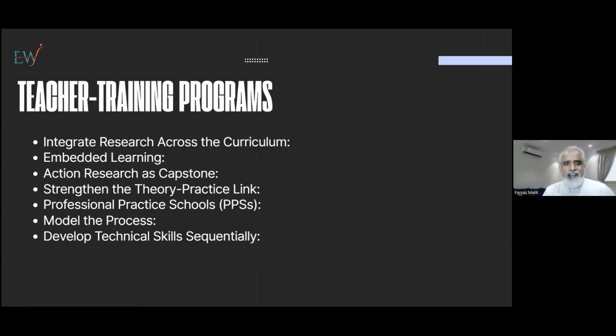So teacher training can embed research in their programs in a way that it should be part of learning and progress. Action research should be a capstone. It should be required.